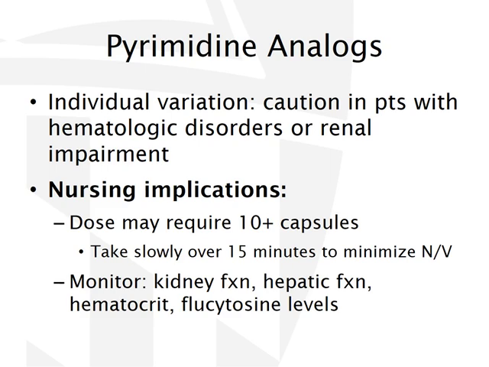This drug can be administered slowly over about 15 minutes, which is very unusual. Most drugs are given over seconds, right? You just hand the medication to the patient, they get some water and swallow it. This drug, because there are so many capsules, might take 15 minutes or so to administer.